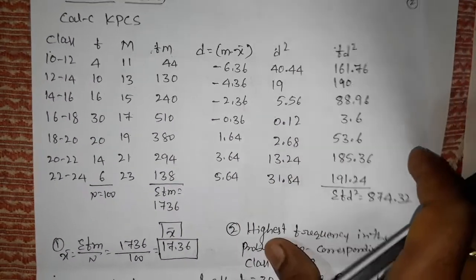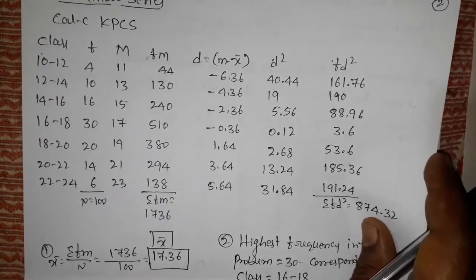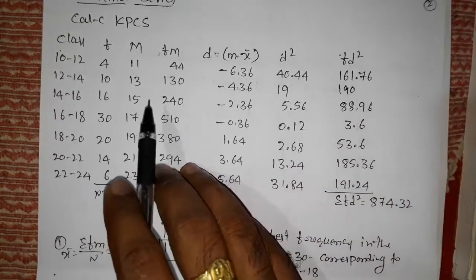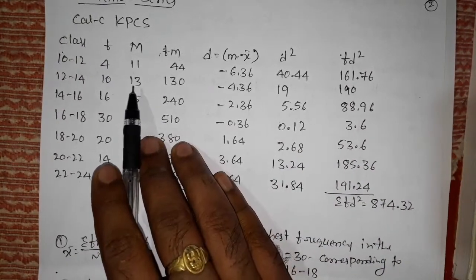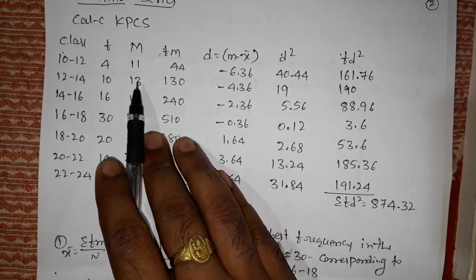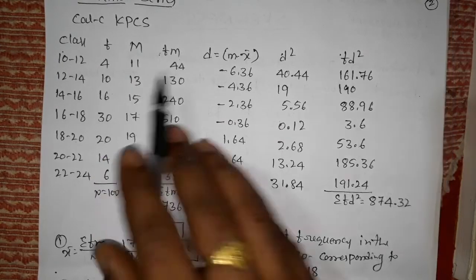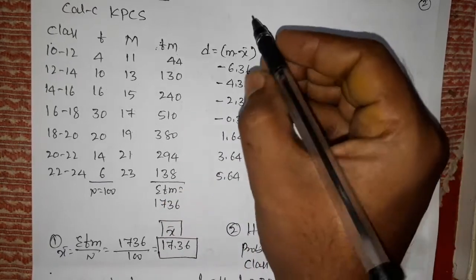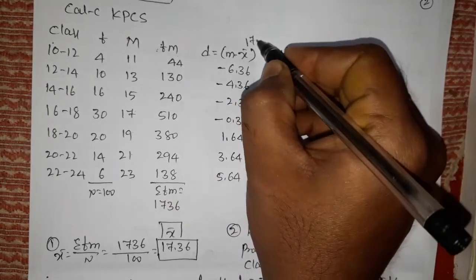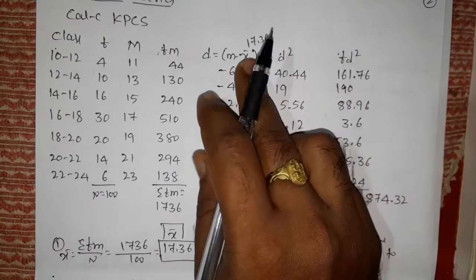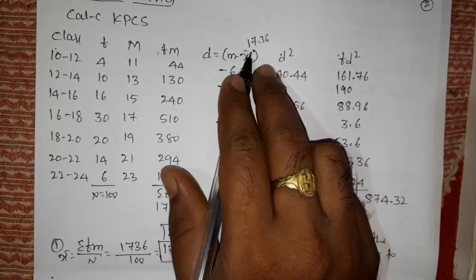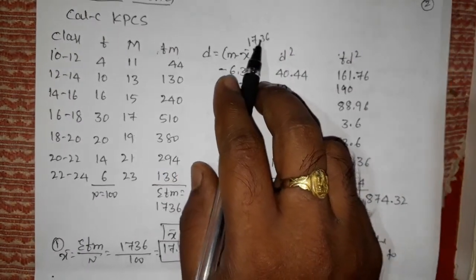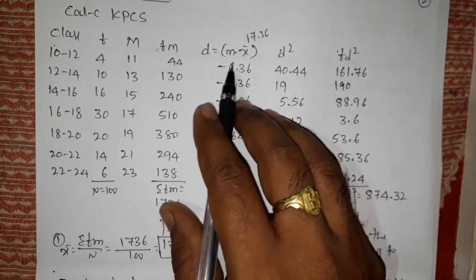Whatever continuous series problems there are, we need to use the actual mean, because we can't select any value as an assumed mean. So X bar is 17.36. Please write it here so you don't get confused, and you can do these problems very easily.